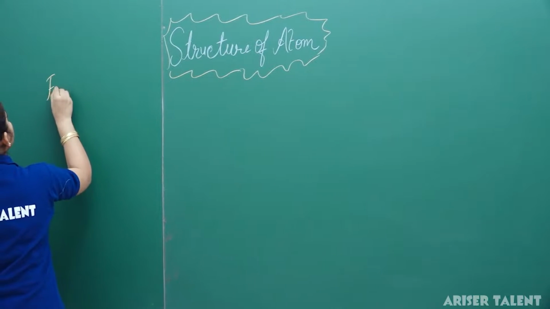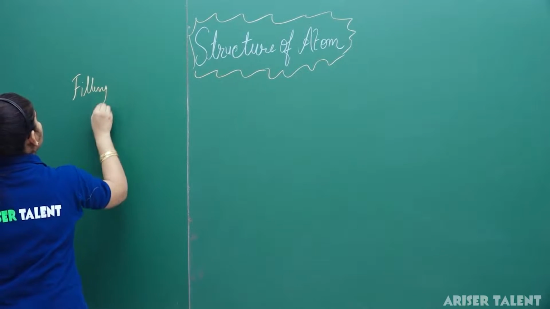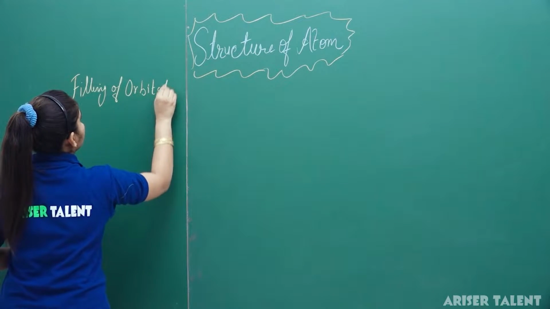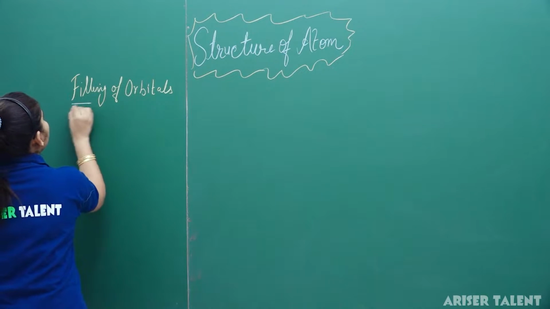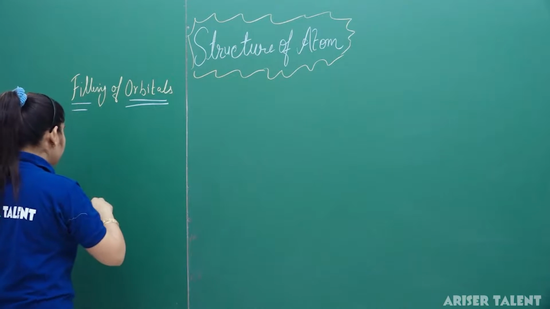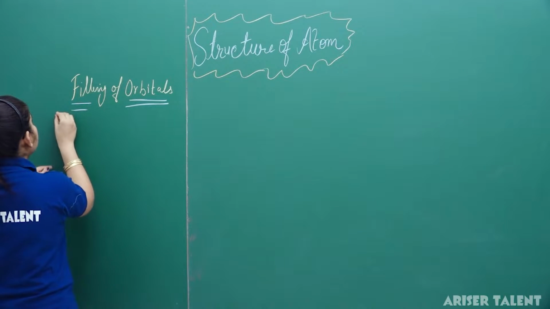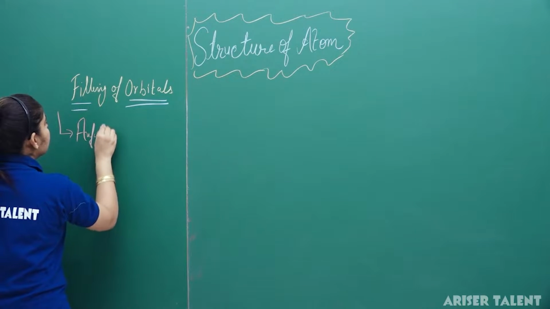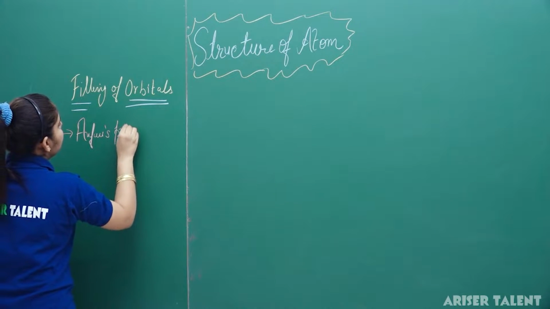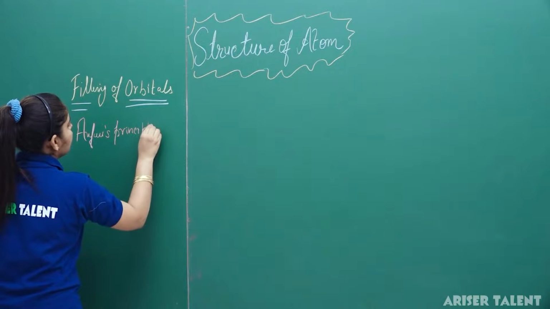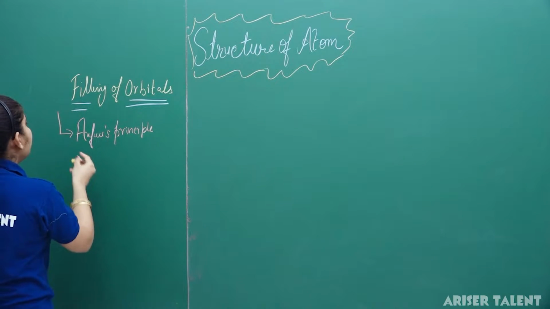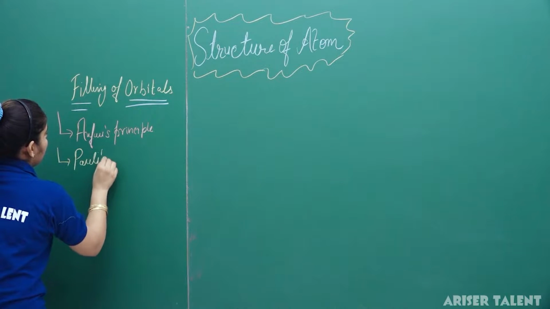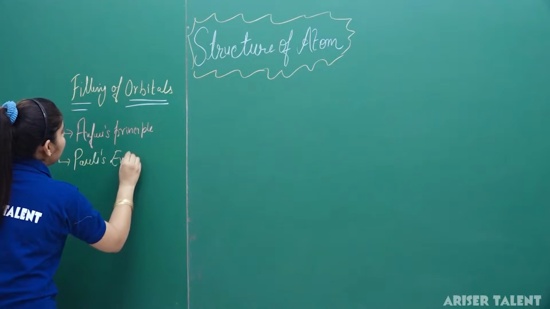For filling of orbitals, we have basically three methods. Among these three methods, our first method is Aufbau's principle. The second method is Pauli's exclusion principle.